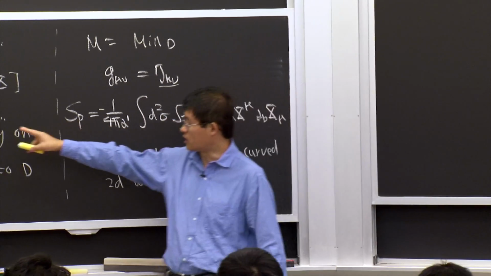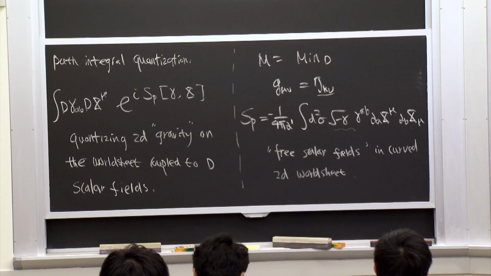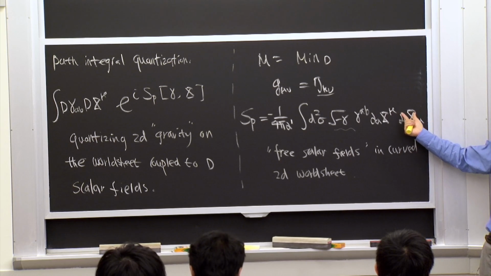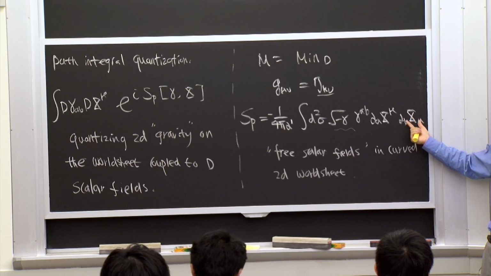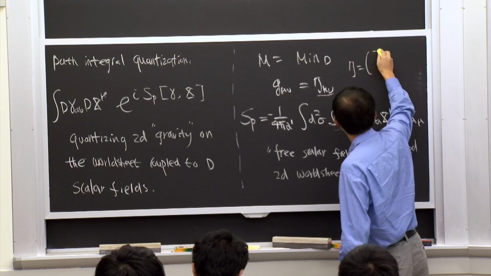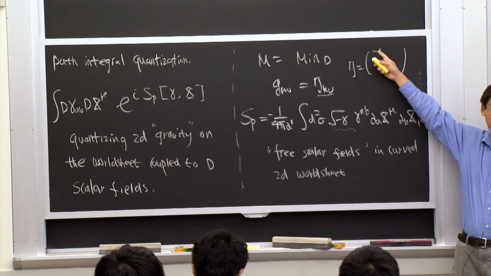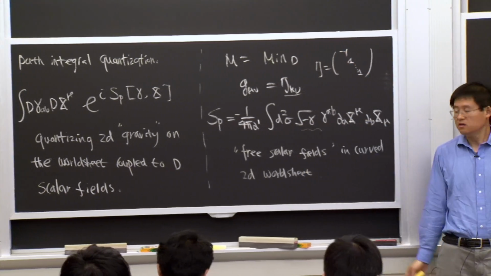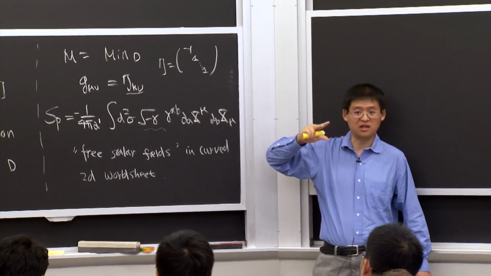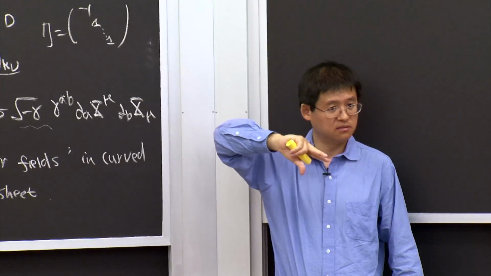One is that we also need to integrate over gamma. The other is that, even from the perspective of scalar field theory, if you look at the zeroth component of x, because we are using eta equal to minus 1, 1, eta 0 0 is minus 1, so the zeroth component of x will have a kinetic term of opposite sign to the other components.